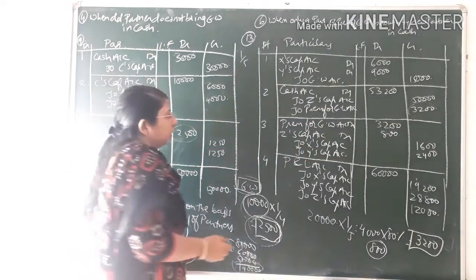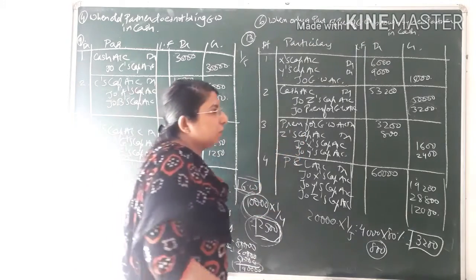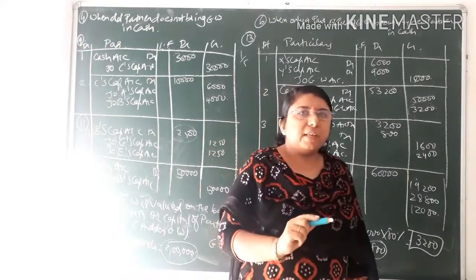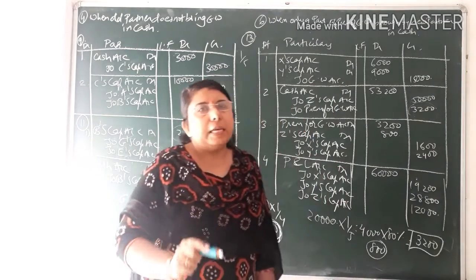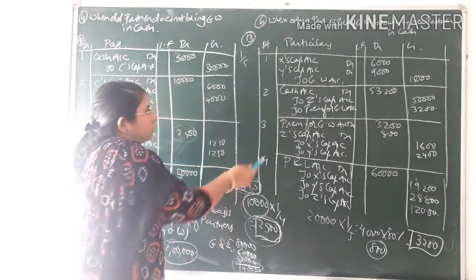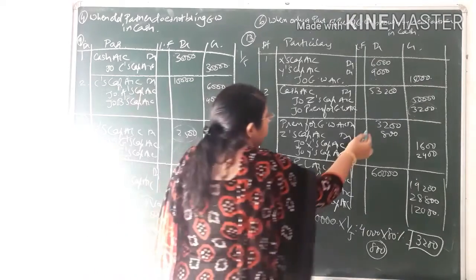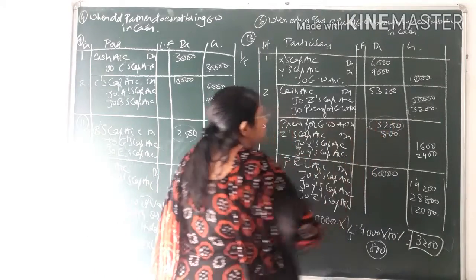Now the third journal entry, that is that goodwill is to be distributed amongst the old partners in their sacrifice ratio, and if the sacrifice ratio is not given, then it is to be distributed in the old ratio. Over here you can see premium for goodwill is 3,200. I have not written 4,000 because that new partner has brought only 80% of his goodwill.